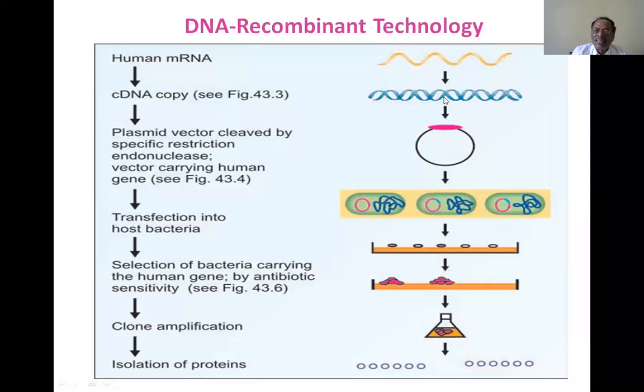But other leading countries like Britain, Germany, Japan, and France also participated in this genome project. One chromosome to one particular country, or 2, 3 chromosomes in a particular area, they distributed among themselves and completely deciphered.